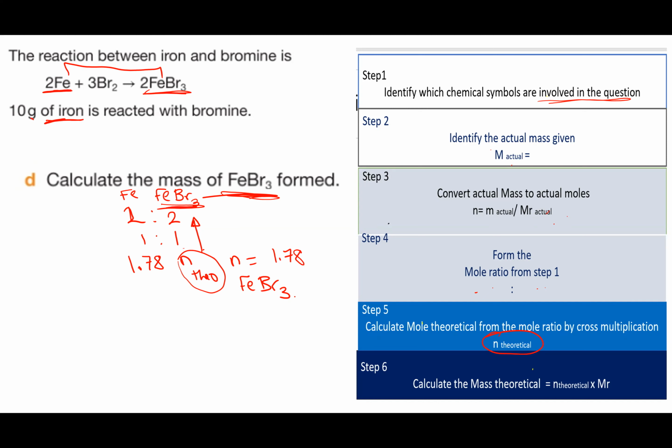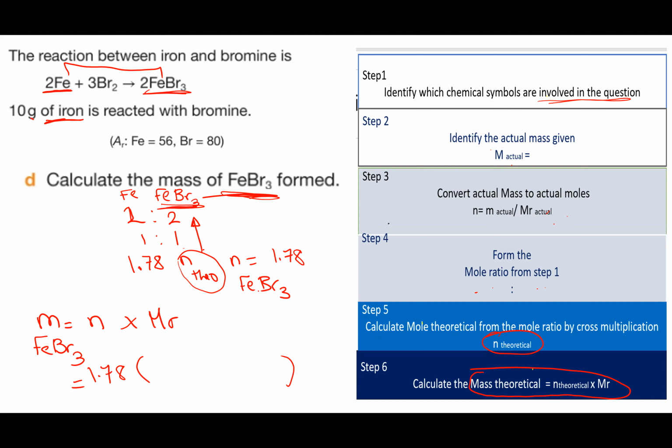So now to find the mass, you're going to use the relationship m equals n times MR. Now it's of the theoretical value of iron bromide, because now I'm talking about iron bromide, iron 3 bromide. So n for me is 1.78, okay? And my MR is basically going to be of iron bromide.